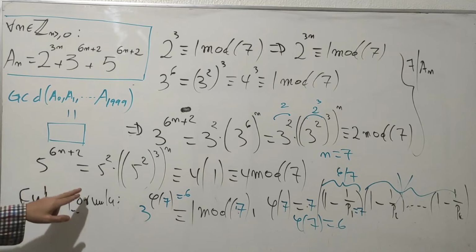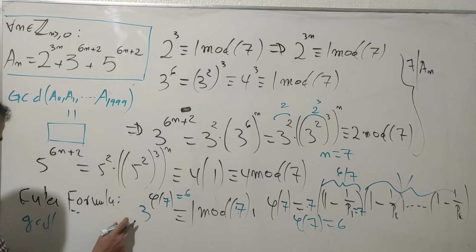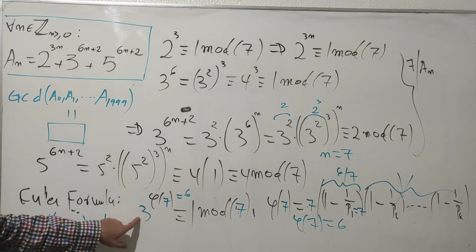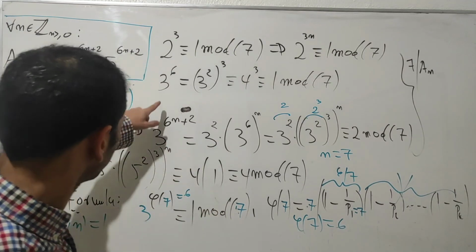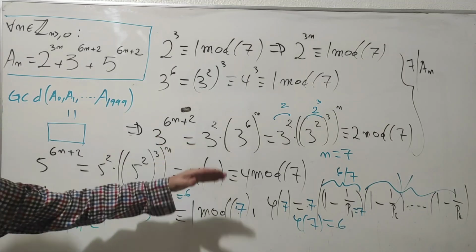But remember here, the GCD of this base a and n must be equal to 1. That is the condition that must hold: the base a and n must be coprime, their GCD equals 1, because 3 cannot divide 7, and also 5 cannot divide 7. So we will find the same results.